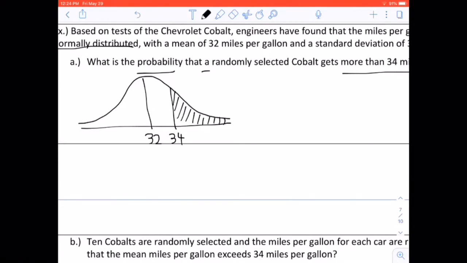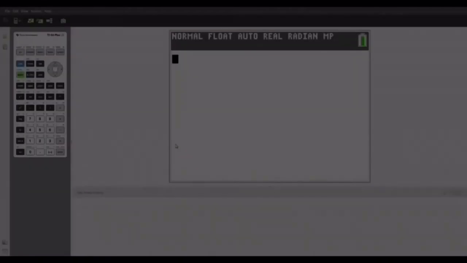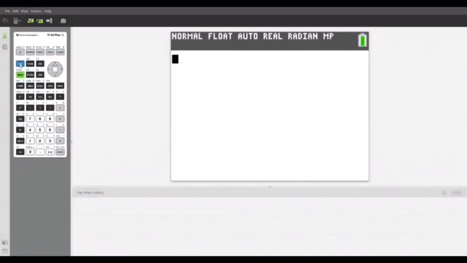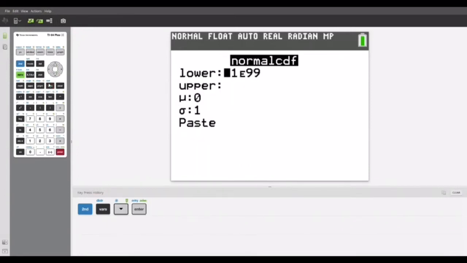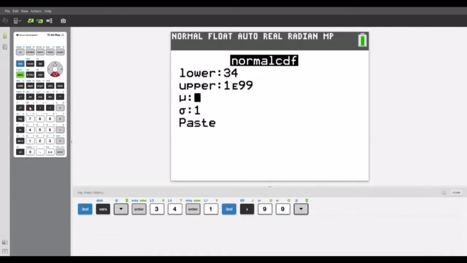In order to calculate the probability that X is greater than 34, we go to second, VARS, normal CDF, and our lower bound is going to be 34. Our upper bound is going to be 1E99. Remember, E is second, comma, 99. Our mean is 32, and our standard deviation is 3.5.